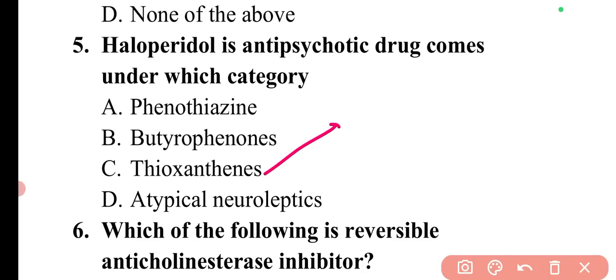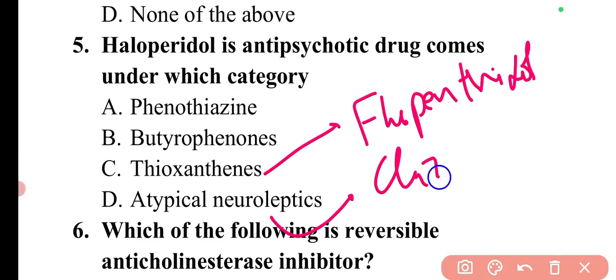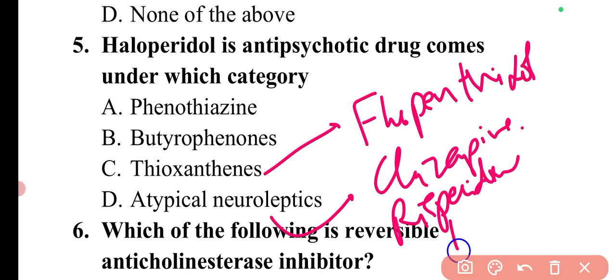Then under the thioxanthenes category, there can be the drug flupentixol, and under atypical neuroleptics, there can be the drugs clozapine, risperidone, and olanzapine. Again, repeating, this classification has been provided to you after the last question, so you can revisit these classifications and remember all the classes of drugs.